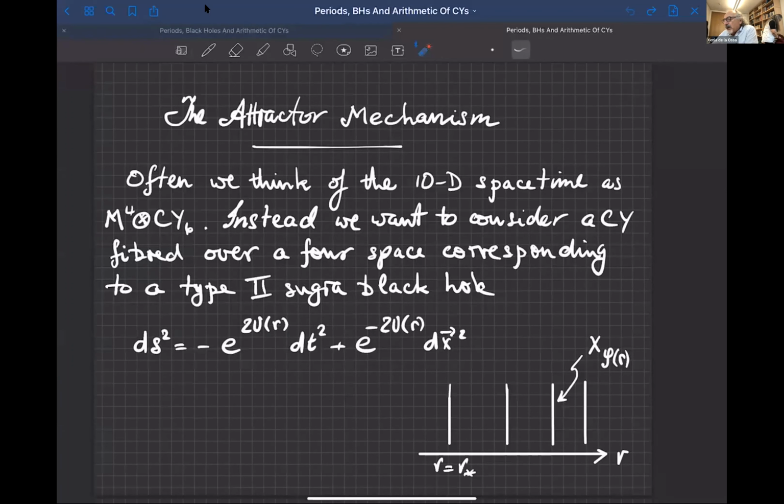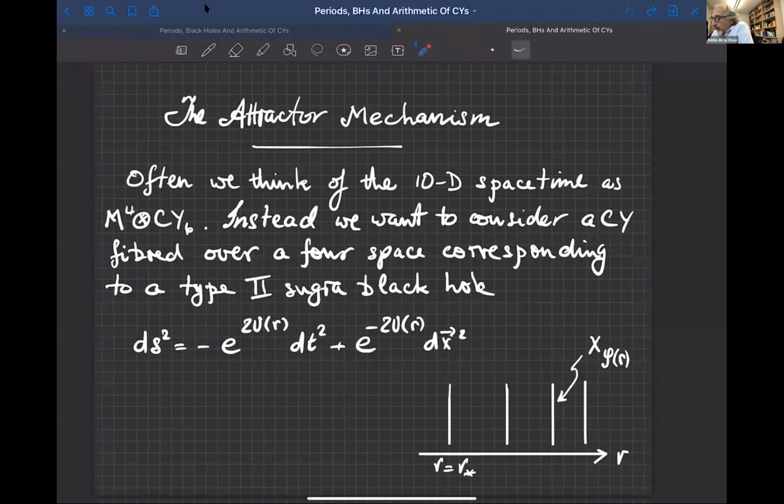So we look for a metric in the 4-space that has the form shown. It involves a function u of r: ds squared is minus e to the 2u dt squared plus e to the minus 2u dx squared. Here x is (x, y, z) in this notation, and r is the length of x.